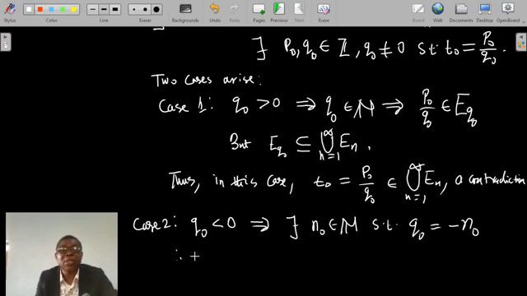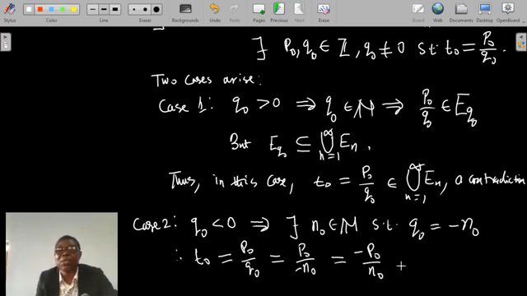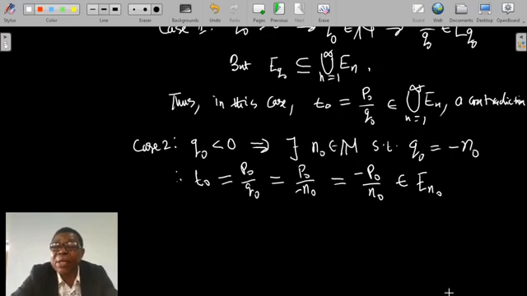Thus, t naught equals p naught over q naught will end up being equal to p naught over minus n naught, and this is equal to minus p naught over n naught. And remember that p naught is an integer. Therefore, minus p naught is also an integer, and n naught is a natural number. This means that it belongs to E_{n naught}.